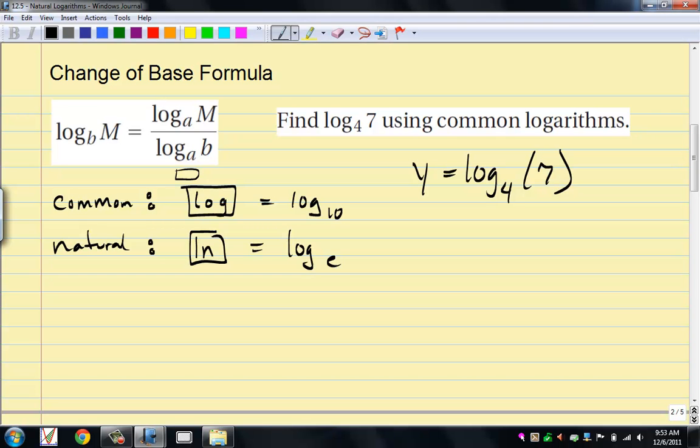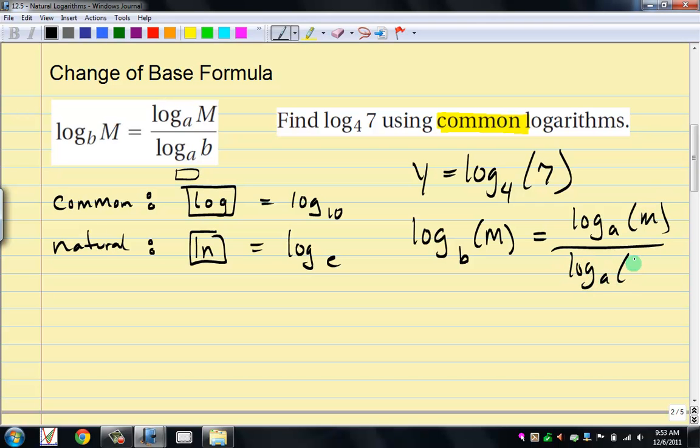And that's what this problem asks us to do. How do we know to do base 10? Because it says convert it using common logarithms. So here's the change of base formula. Log base b of m equals log base a of m divided by log base a of b.